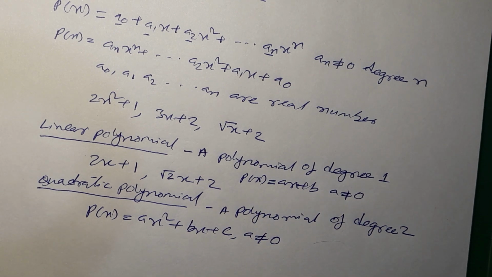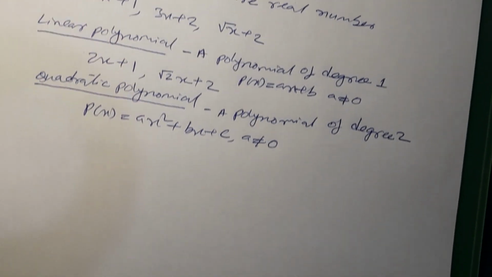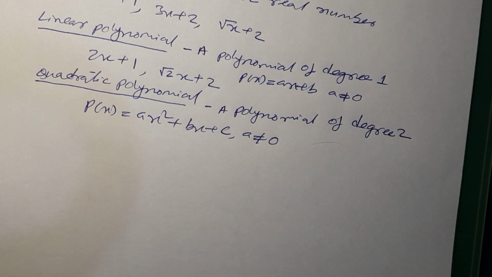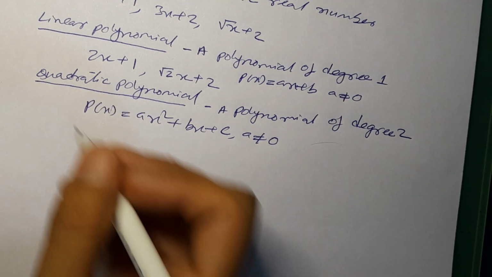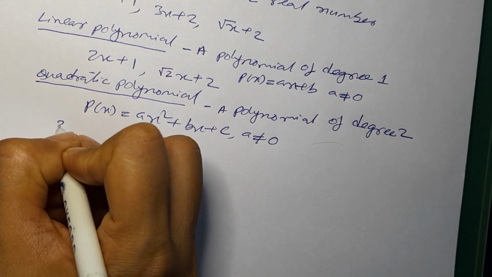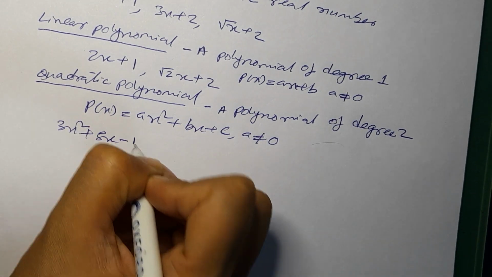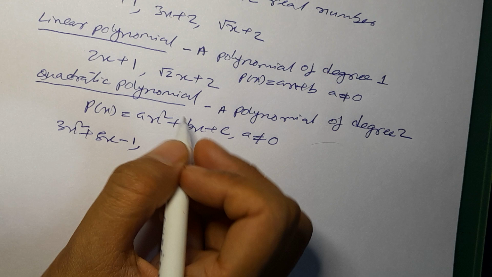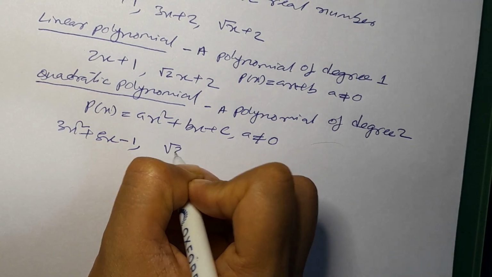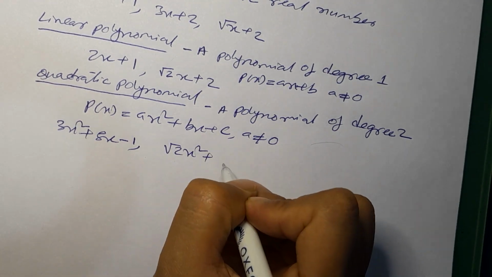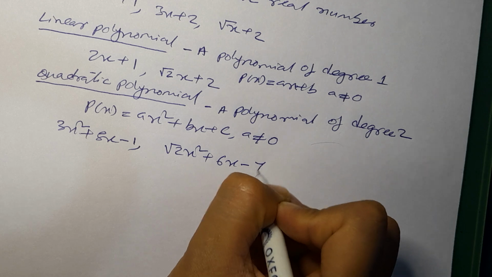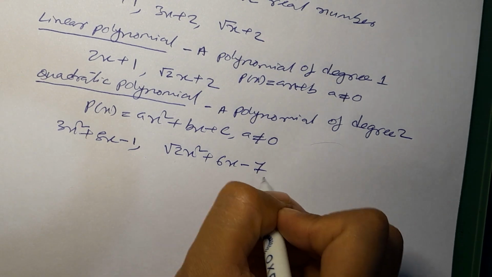So you can write any example. Here you only have to know that the highest power of x has to be 2, that is square. For example, 3x square plus 5x minus 1. Another example, root 2 x square plus 6x minus 7, this is also a polynomial.